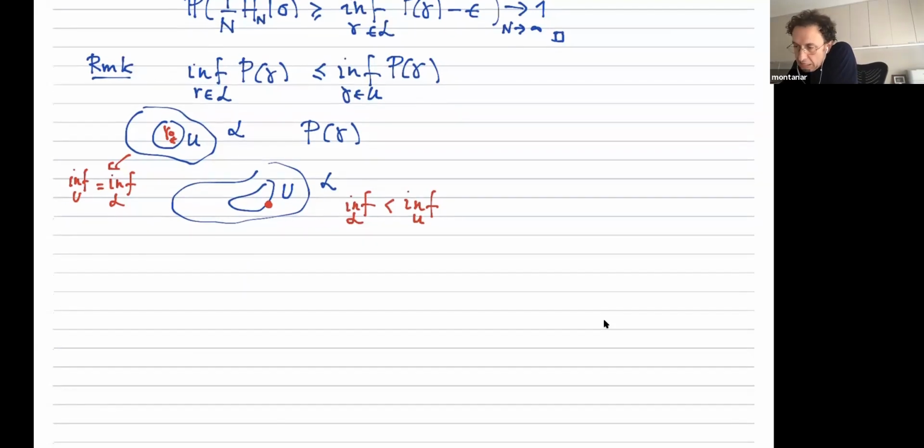In the second scenario, no, it doesn't, and there is a strict gap between the two.